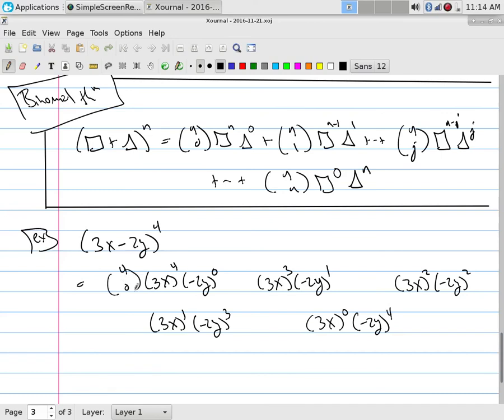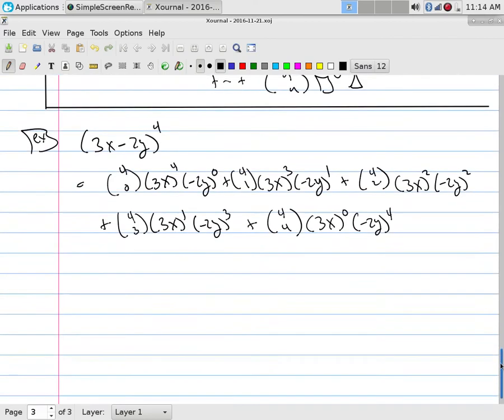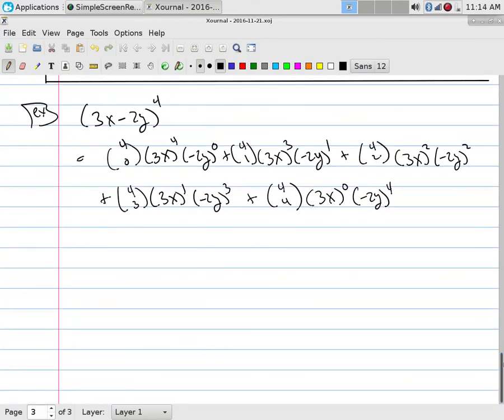And what are all the coefficients? 4 choose 0, 4 choose 1, 4 choose 2, 4 choose 3, 4 choose 4. That's a direct application of the binomial theorem.